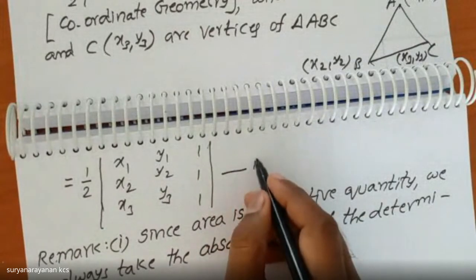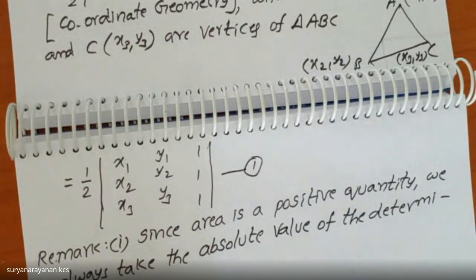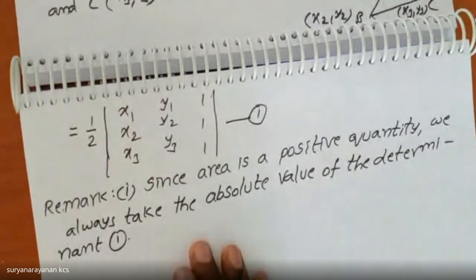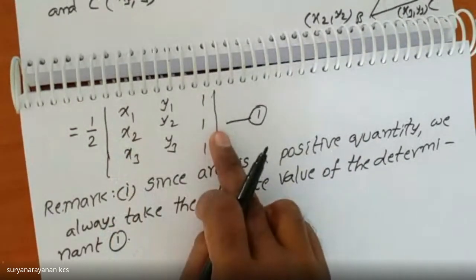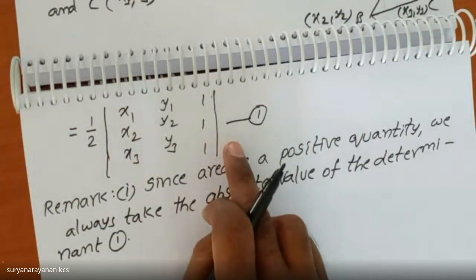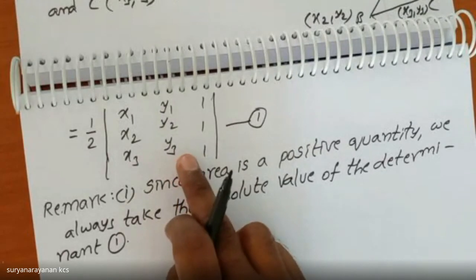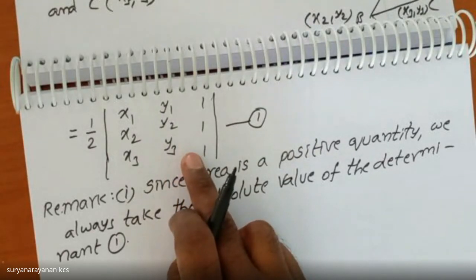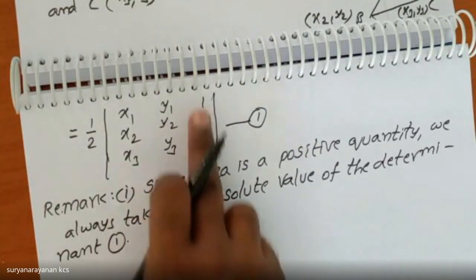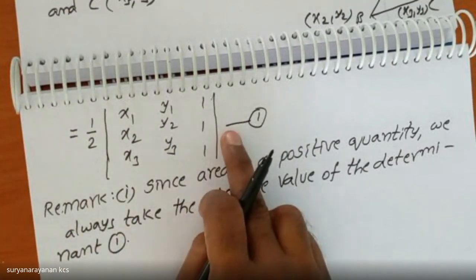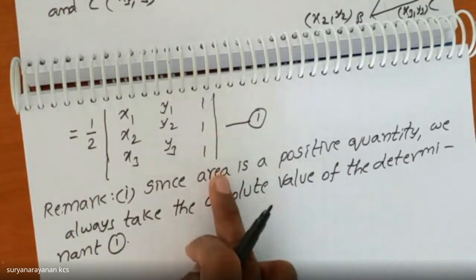Let us consider this is 1. Generally we can get the determinant of a matrix. It may be a positive number, it may be 0, or it may be a negative number. But we are using this concept of determinant to find the area of a triangle.